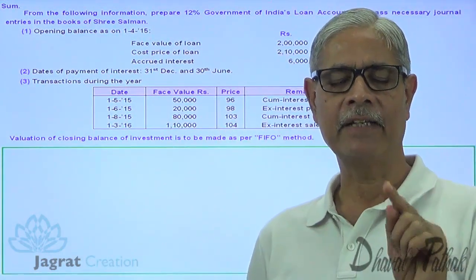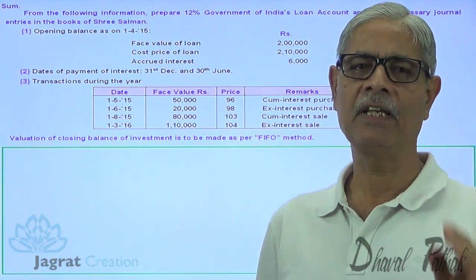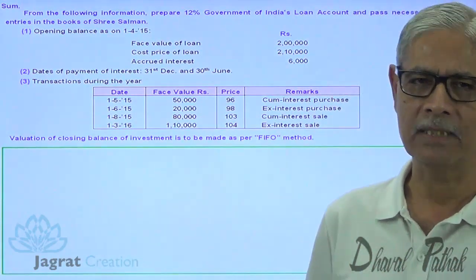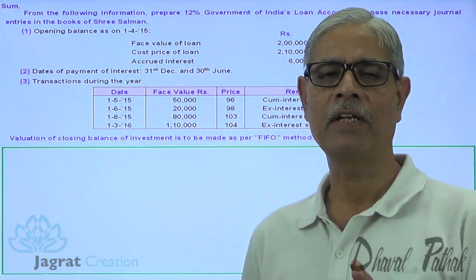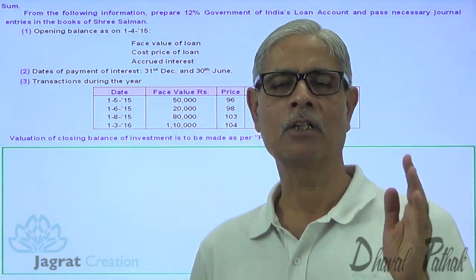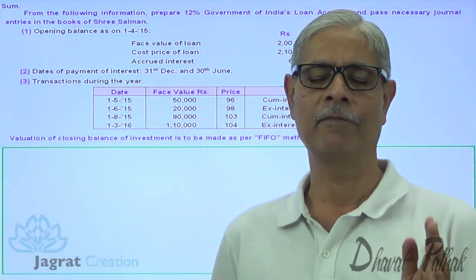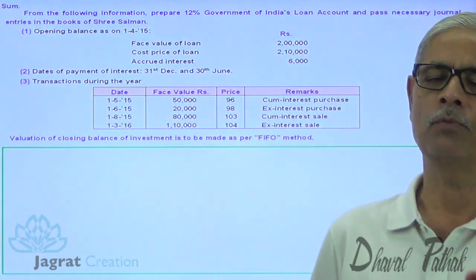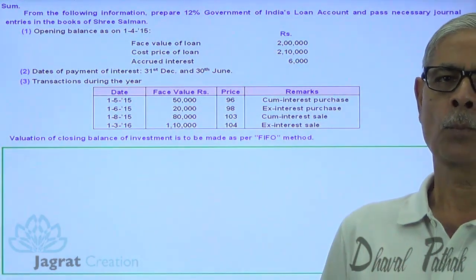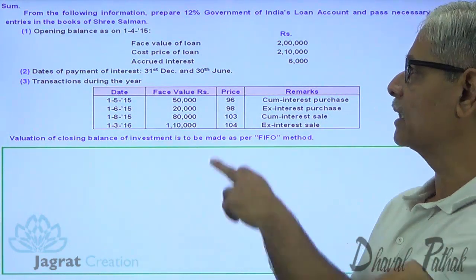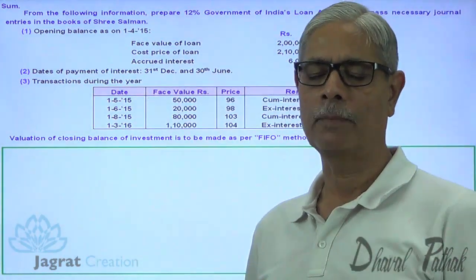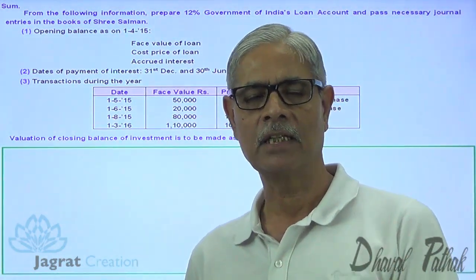We receive interest on 30th June. We receive interest on 31st of December. On 30th June, we receive the interest for 6 months. On 31st of December, we receive interest for 6 months. So half yearly interest is received on 30th June and 31st of December on this investment.